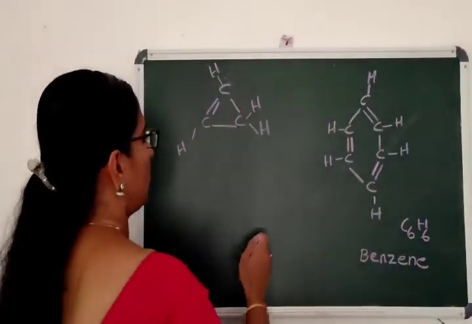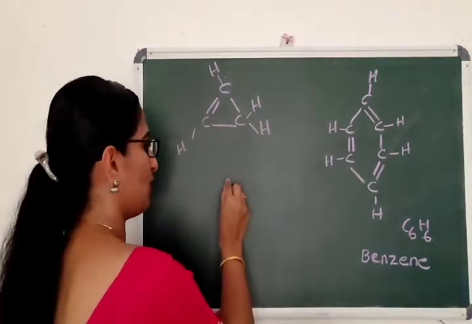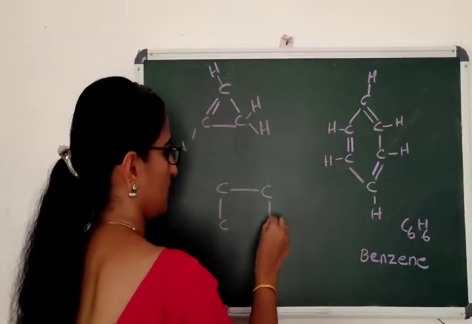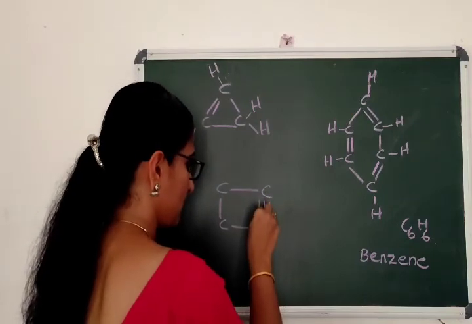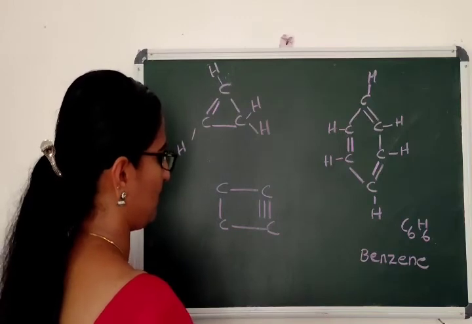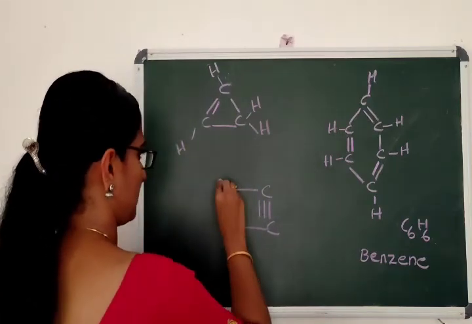How will you draw cyclopropyne or cyclobutyne? The 4 carbon atoms should be closed. Somewhere you have to draw the triple bond. And here you need not put any hydrogen because the valencies are already satisfied.